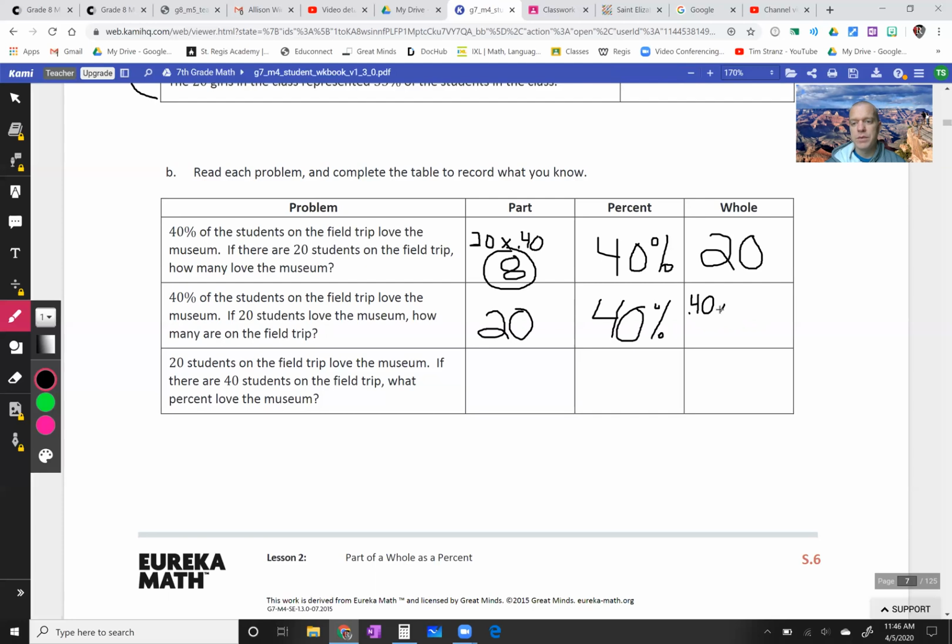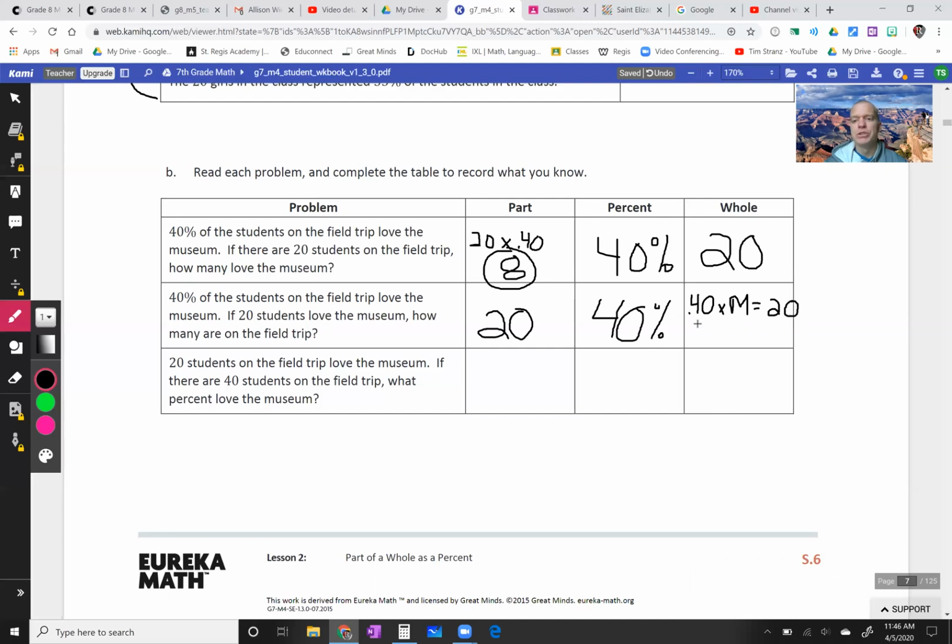40% of means multiply. I'm going to sneeze. Hang on. Excuse me. 40% times the total number, which we don't know, so I'm going to call that M. And that number equals 20, because that's how many love the museum.